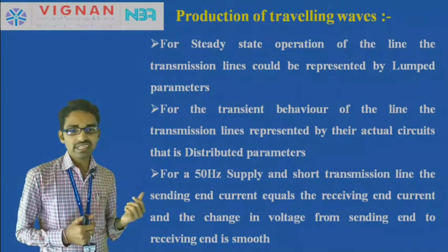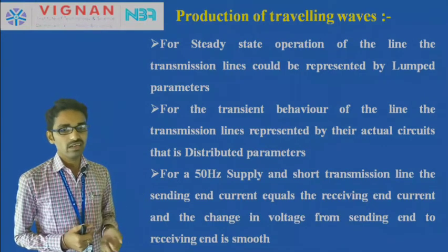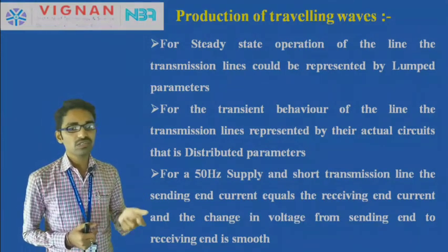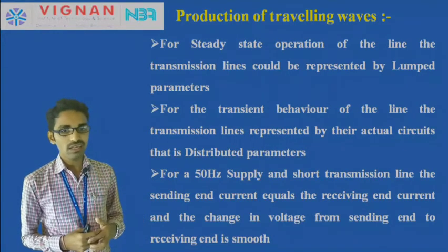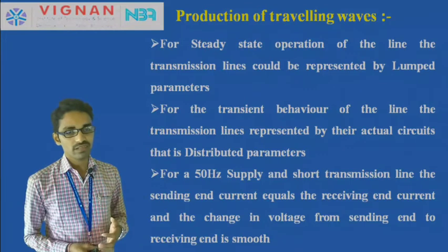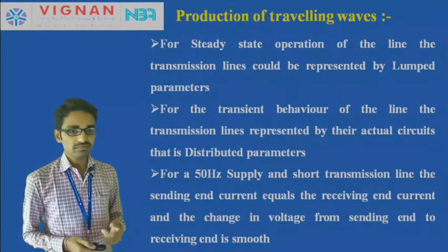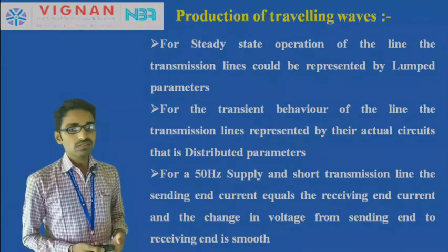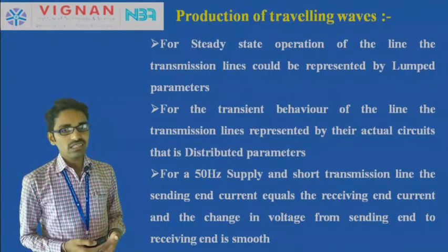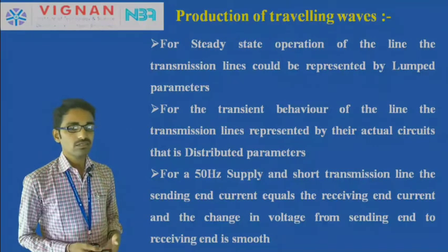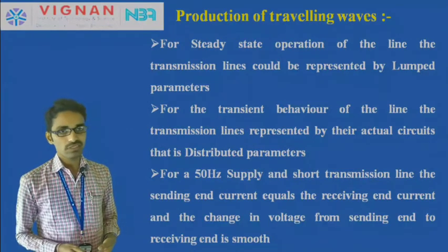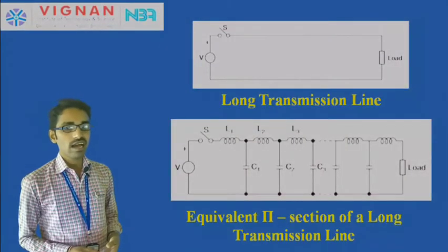That means the sending end current is not equal to the receiving end current, and the change in the voltage from sending end to receiving end is not smooth, it is an abrupt change at the receiving end. So, here we are going to study the transient behavior with the help of travelling waves. In the transient analysis only, travelling waves are produced. So, let us consider the long transmission line.